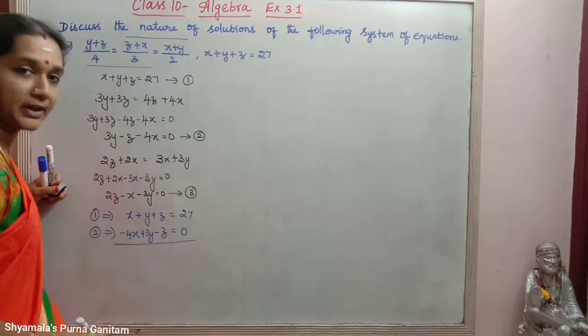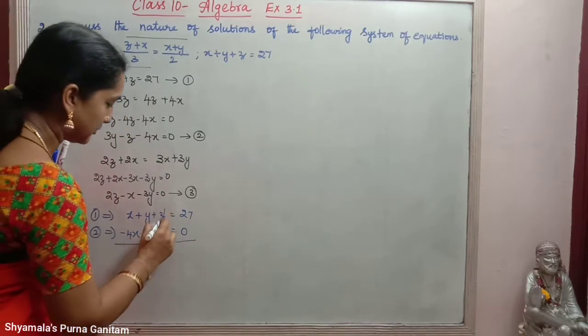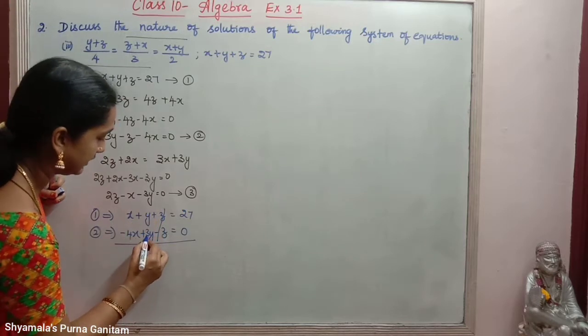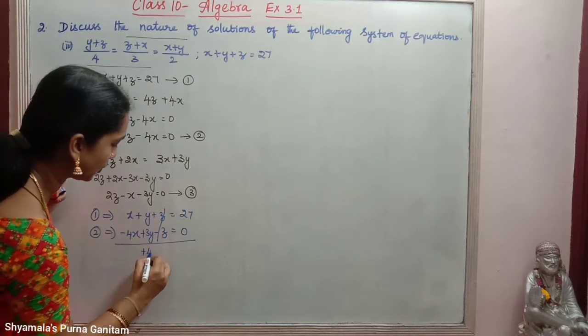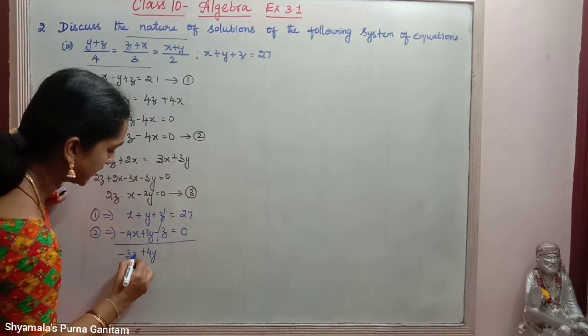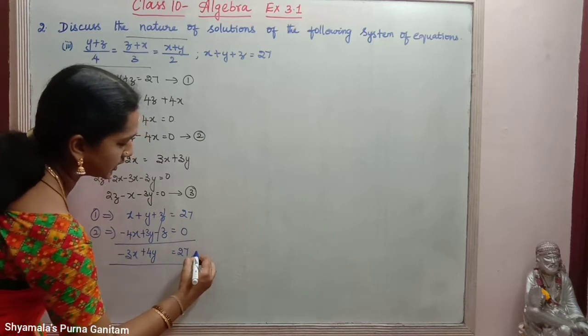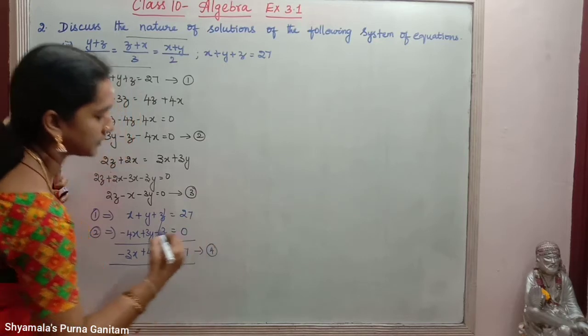When I add this, plus z minus z will get cancelled. So 3y plus y will be plus 4y: minus 3x plus 4y is equal to 27. So this is the fourth equation.